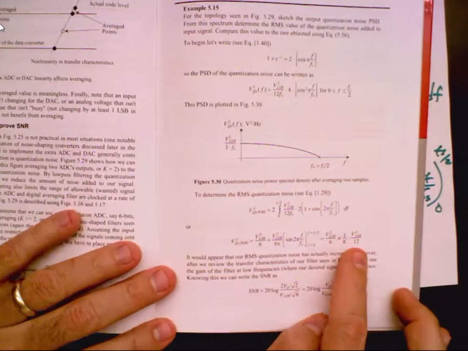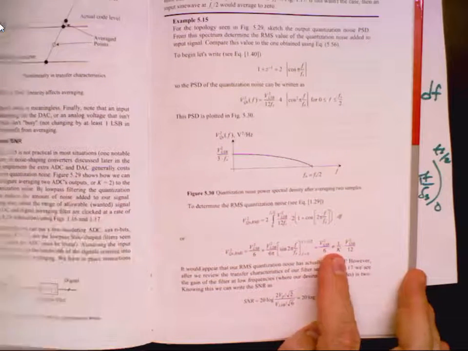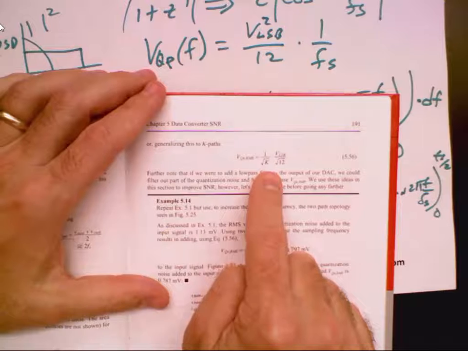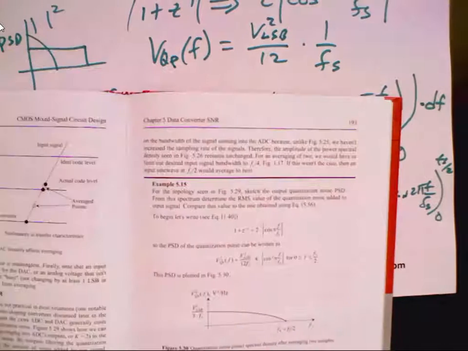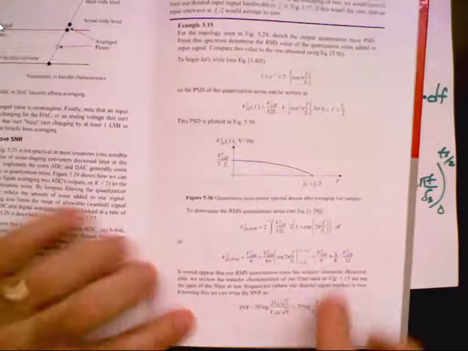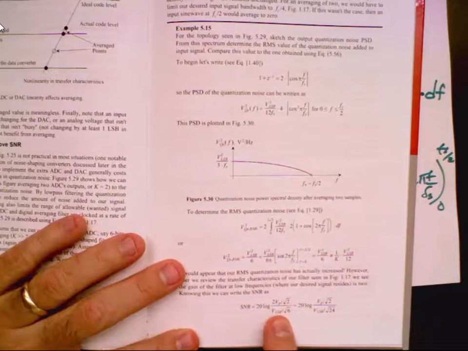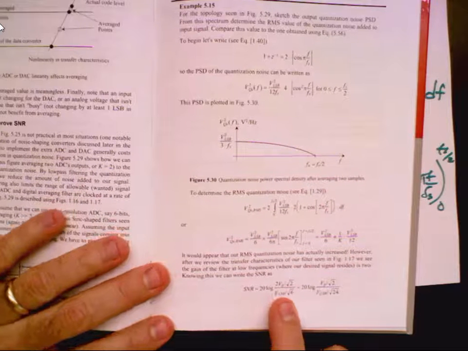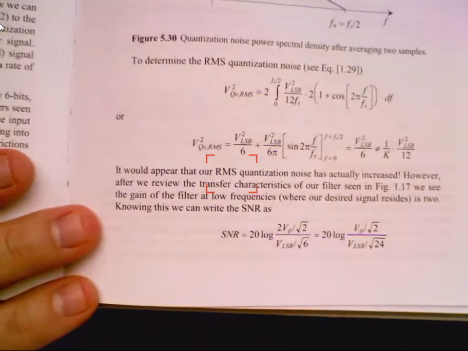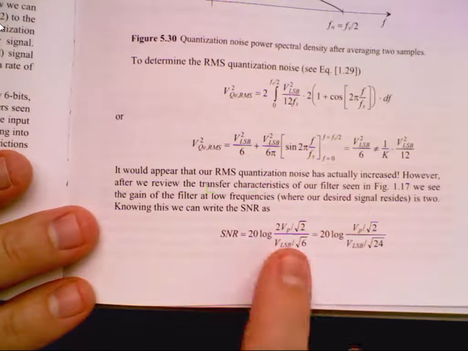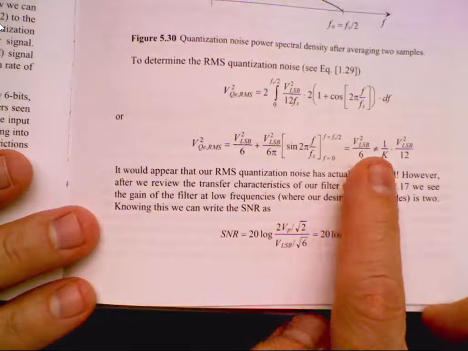Alright, so this is right, but this isn't equal to the equation that we had right here. We said this is the amount of quantization noise we have. It's VLSB over 6. So the RMS value here, let's not fight it, the RMS value is VLSB over root 6. I just took the square root.